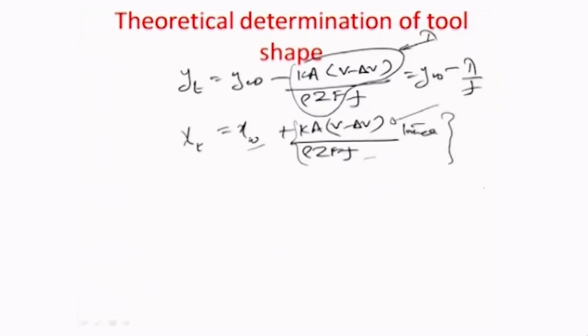So, therefore, if you just convert everything here in terms of lambda, you can get xw plus lambda by f tan theta. Okay. So, we make this equation 3 and this equation 4.